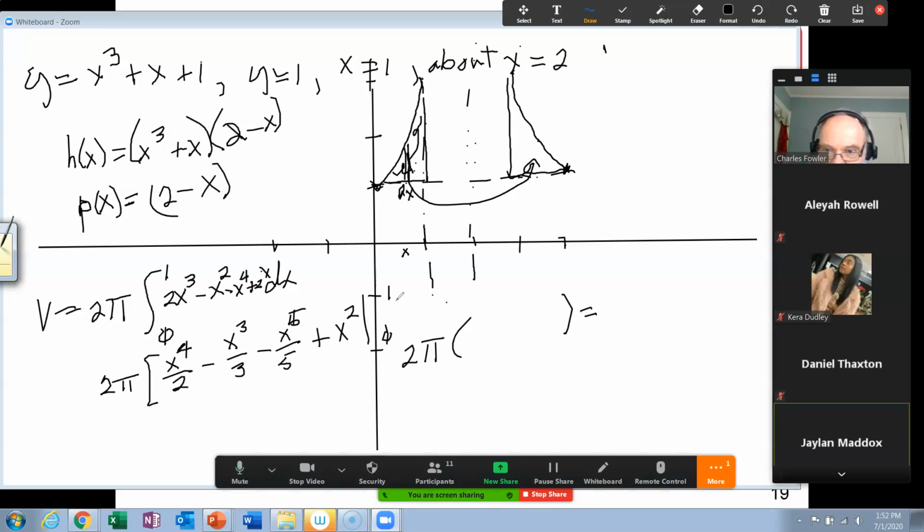All right. So when x is equal to 1, that first fraction is a 1/2. The next one's a minus 1/3. The next one's a minus 1/5. And the final one, I'm going to have to expand this.